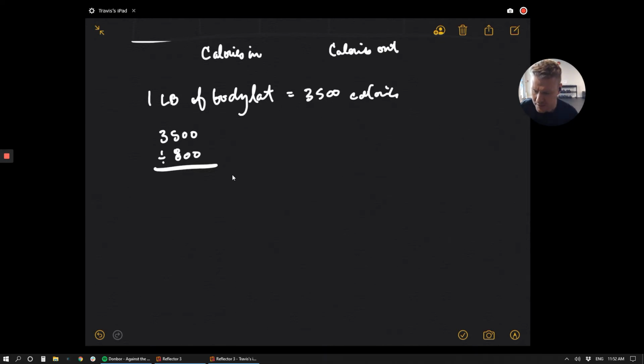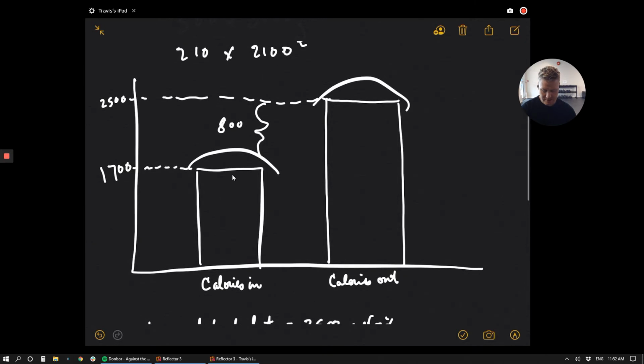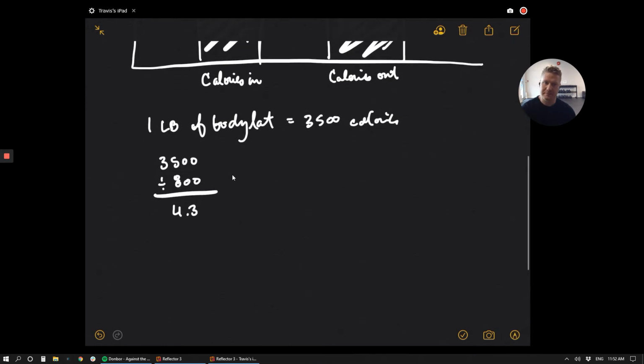Oh, what is going on here? Oh, times button. Okay. 4.3 days, roughly. 4.375, rounded up 4.4. Anyways, doesn't matter. So you will lose 1 pound every 4.3 days. Pretty straightforward, right? So 800 deficit: burning more, eating less. 800 deficit, 4.3 days, you lose a pound. Pretty straightforward.